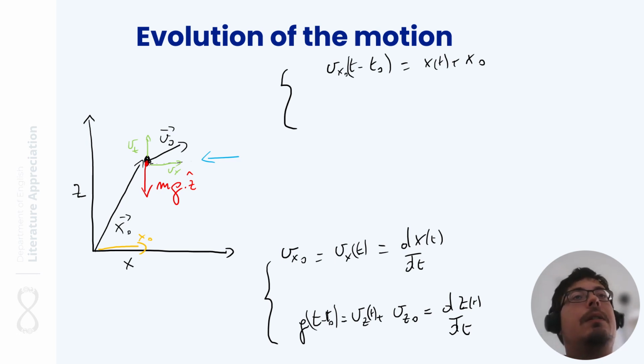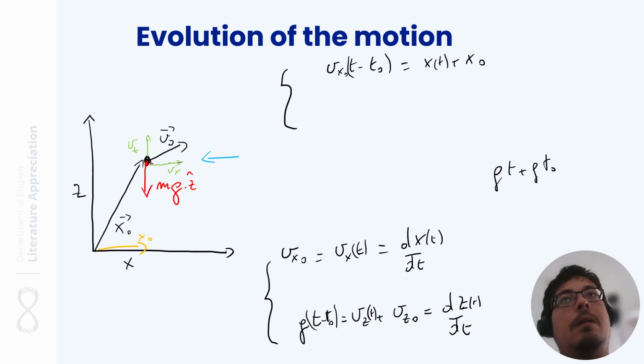In the z direction it is a little bit more complicated, because let me highlight this here. In general terms, we have g t plus g t0 minus vz0 equal to the derivative of z in dt.